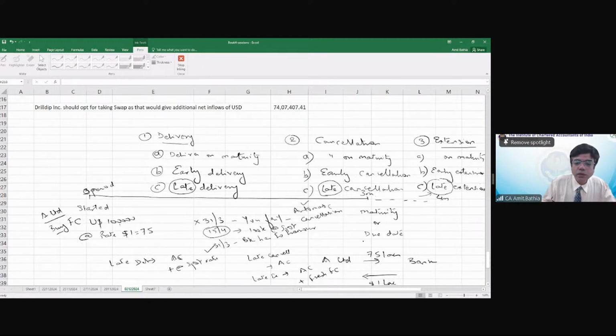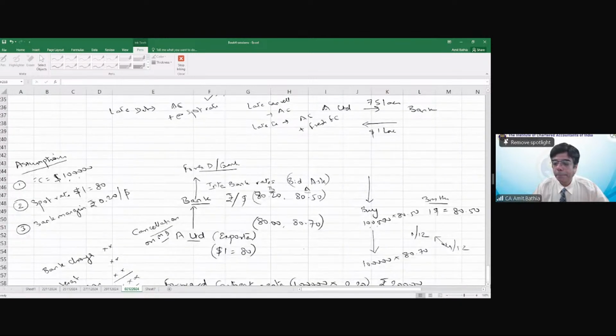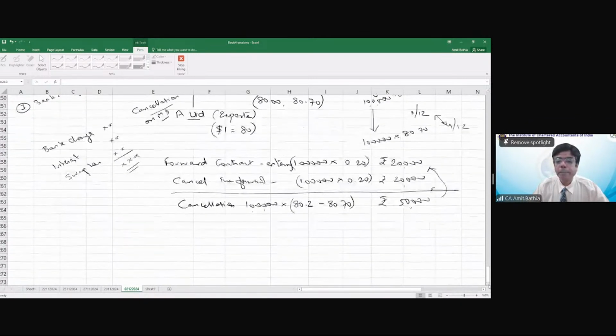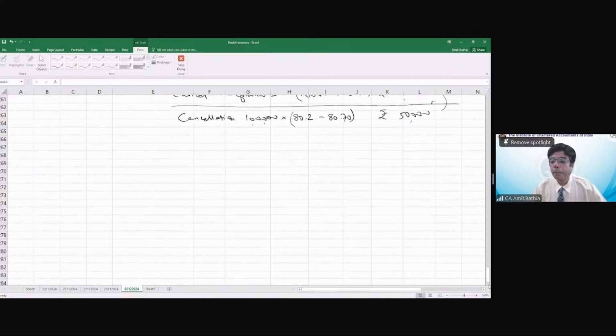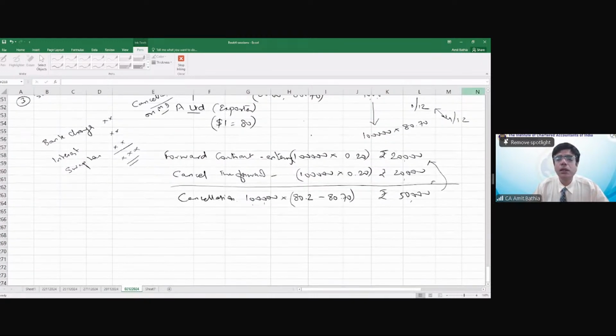Okay. Let me take now. So as we saw over here in our example, 20,000 plus 20,000, 40,000 is the bank margin which you will have to pay. 50,000 is the total cancellation cost for you, which includes 10,000 due to further currency exposure as well, right?